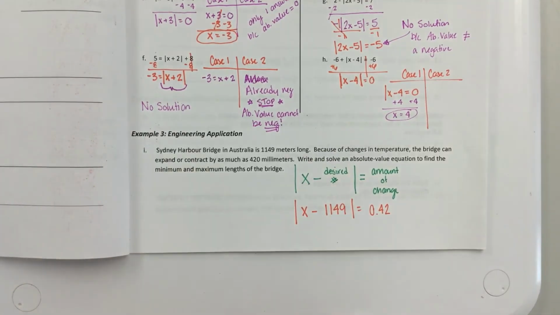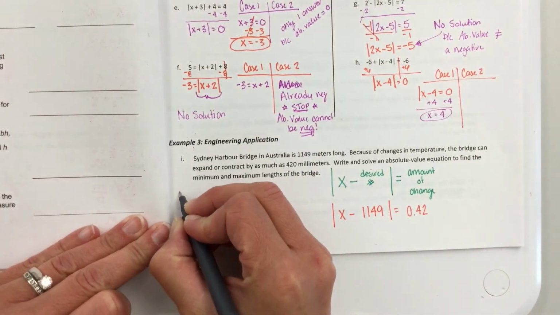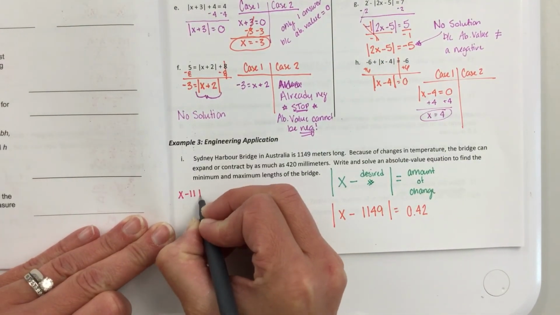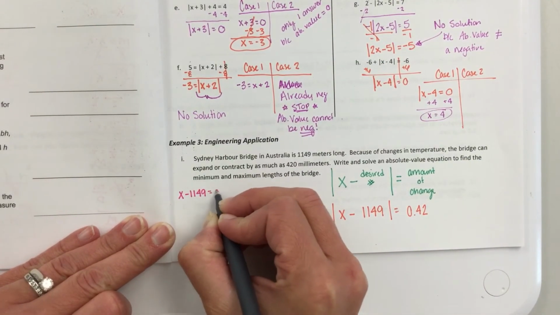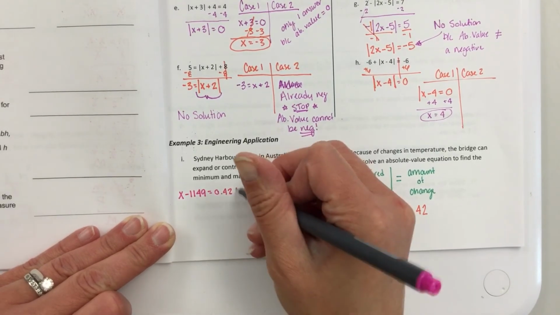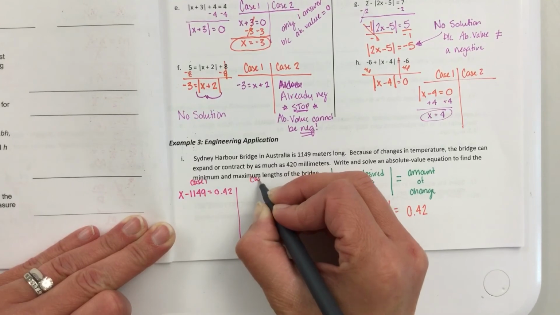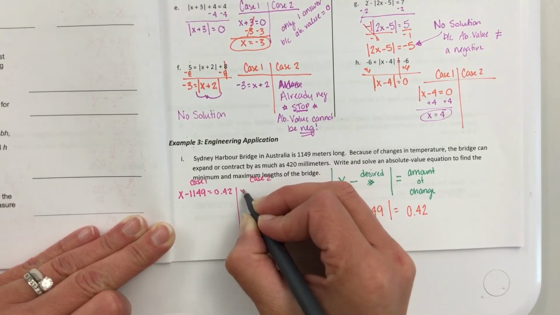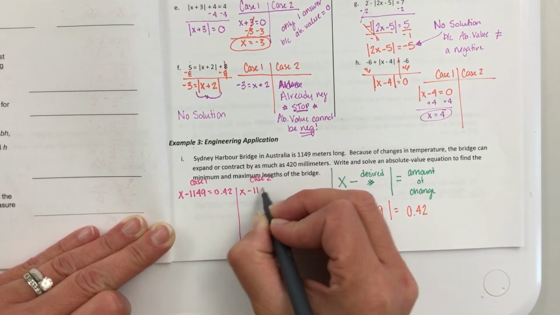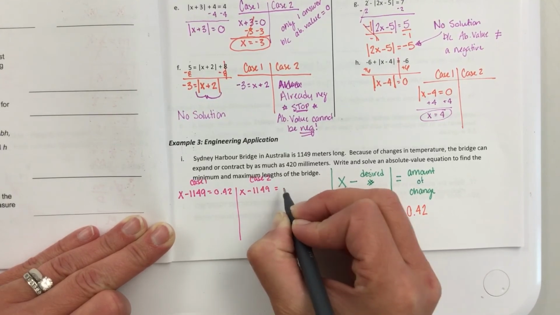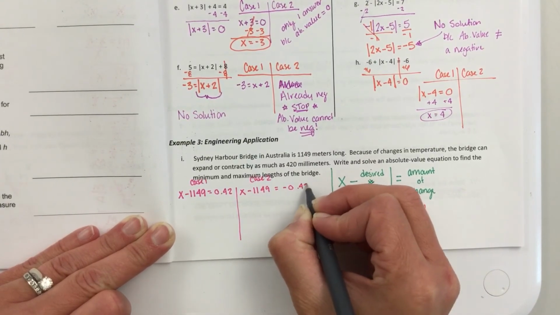Now we can solve this by doing our case 1 or case 2. I'll do that off to the side here. Case 1 is x minus 1149 equals 0.42. And case 2 is x minus 1149 is equal to negative 0.42.